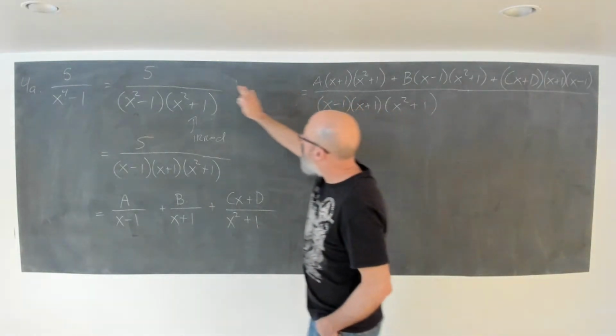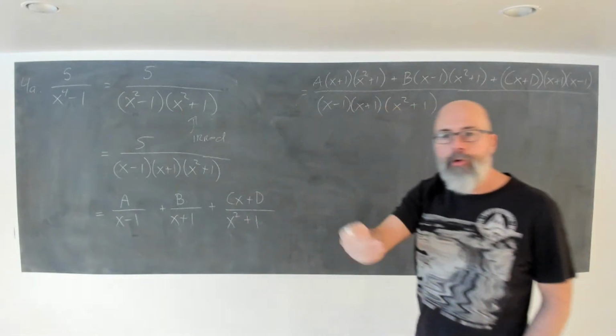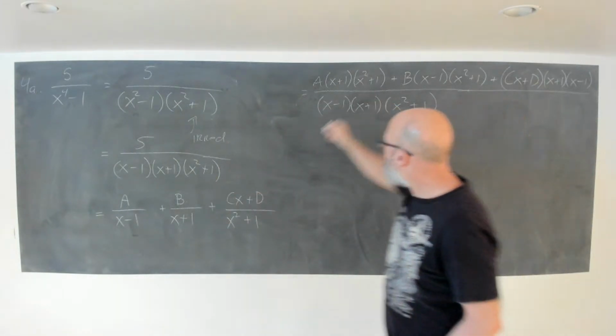So this is equal to that. The denominators are the same, so the numerators have to be the same.